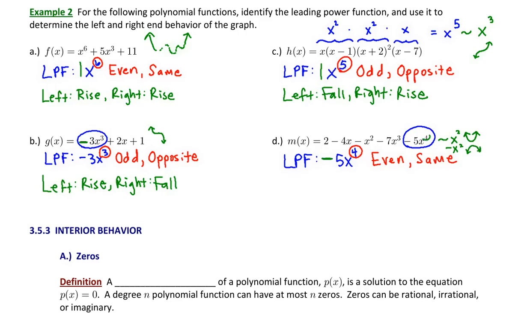So my even power functions are going to be similar to the behavior of x squared, just like our odd powered functions will resemble the behavior of x cubed. So notice we do have a negative leading coefficient, so it's going to follow the same pattern as the parabola that opens down. That is, the left side is going to fall, and the right side is going to fall.